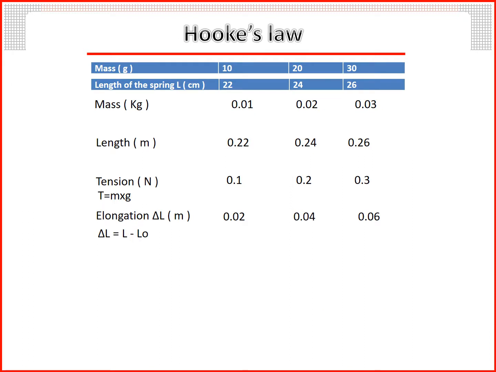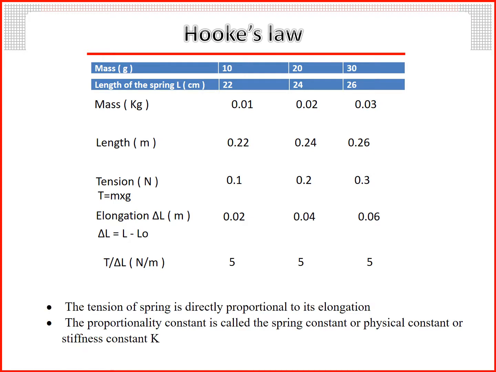After completing the table, let's calculate T over delta L in Newton per meter, which is equal 5. We conclude that the tension of the spring is directly proportional to its elongation, and the proportionality constant is called the spring constant or physical constant or stiffness constant K, which is equal T over delta L in Newton per meter, which is equal 5 Newton per meter in this case.